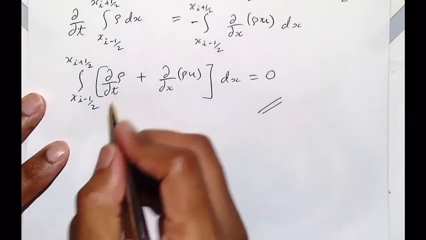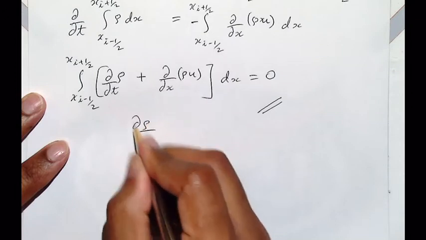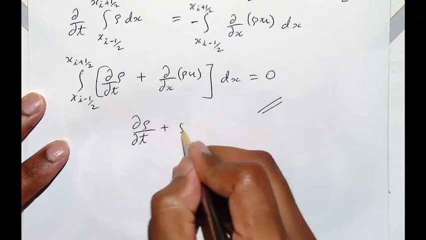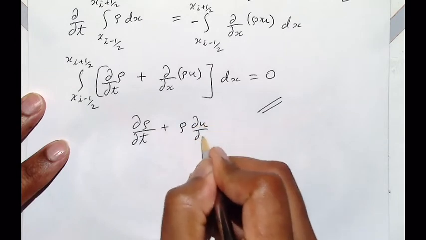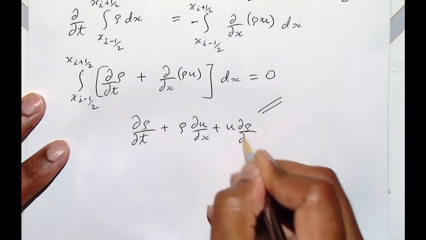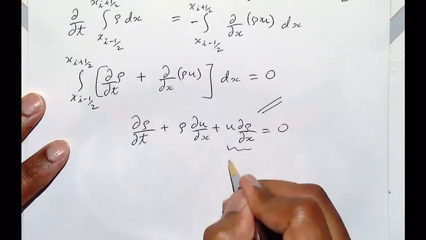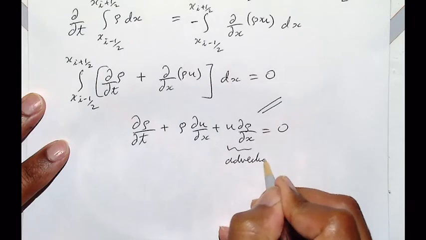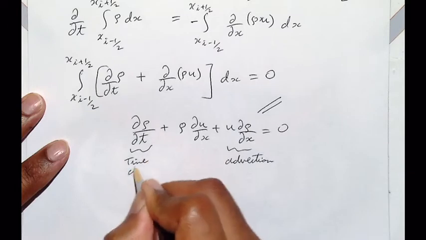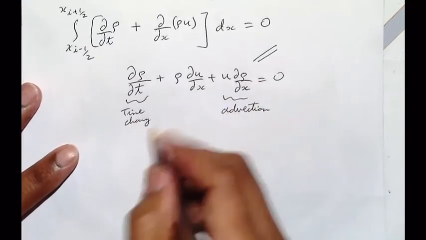Okay. Which yeah, we can write it as so. What we have is inside, we expand the term inside. We get del rho by del t plus rho del u by dx plus u del rho by del x, right, equals 0. And this is the advection term. This is time rate of change. All right, and if we write this in general 3D, what do we get?